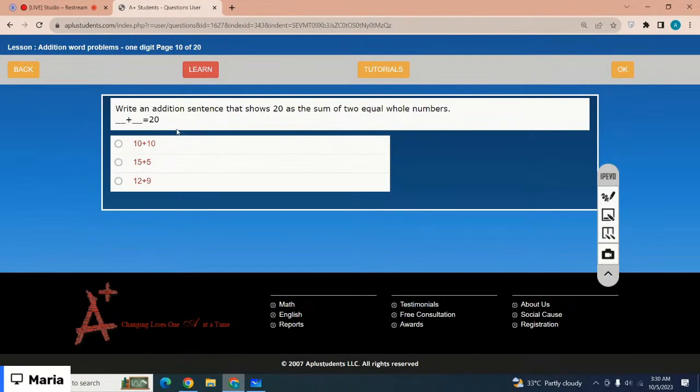Write an addition sentence that shows 20 as the sum of two equal whole numbers. So which is the correct option?